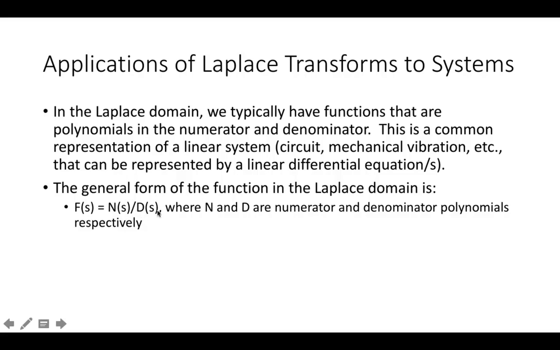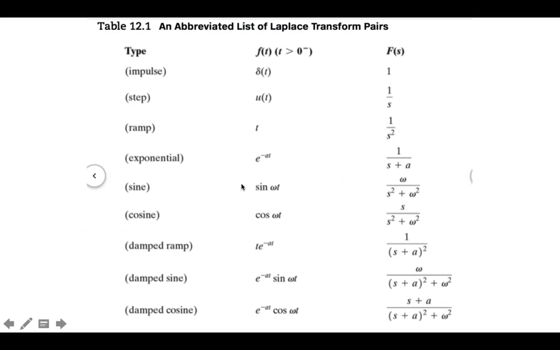D of s is the polynomial in the denominator. Also, as a general rule for real-world systems that are bounded, in other words, they don't have limitless inputs or outputs, the numerator will be of lower order than the denominator. So that's typically what we find when we model an actual circuit.